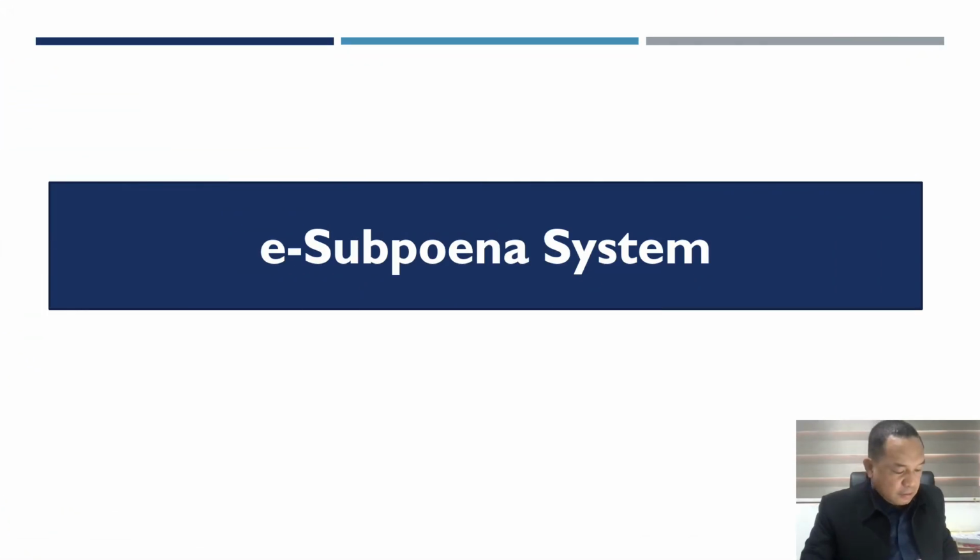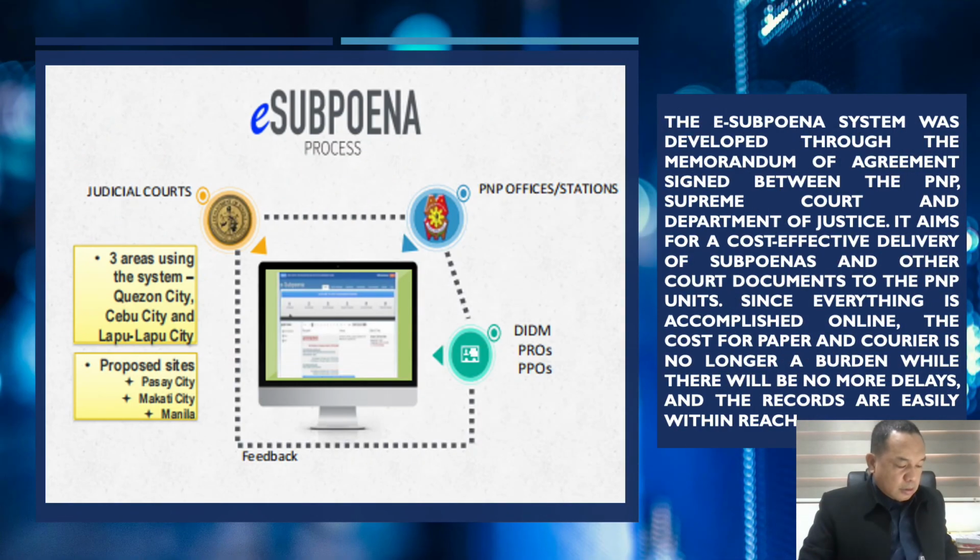On the next slide is the e-subpoena system, one of the PNP projects or NGIS. The e-subpoena was developed through the memorandum agreement signed between the Philippine National Police, the Supreme Court, and the Department of Justice.